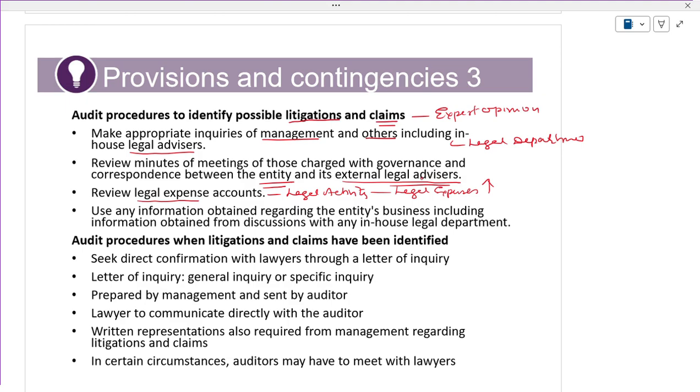Use information obtained regarding the business, including discussions and the in-house legal department. Any information you obtain regarding legal issues, from the discussions or the in-house legal department, you can use for your audit purpose.